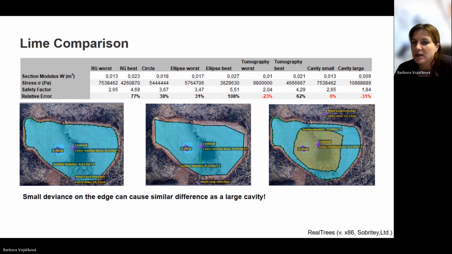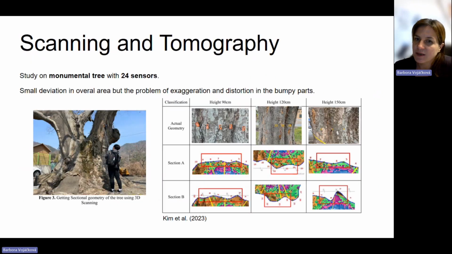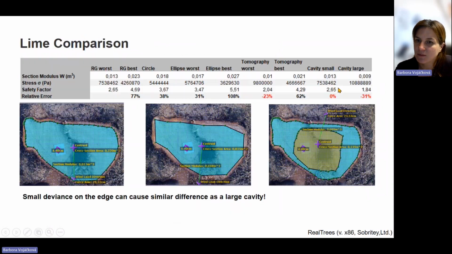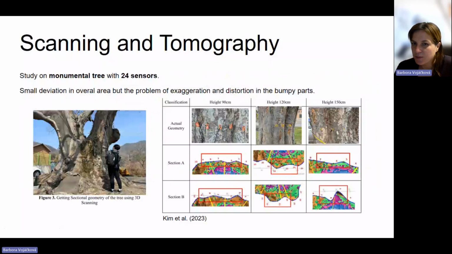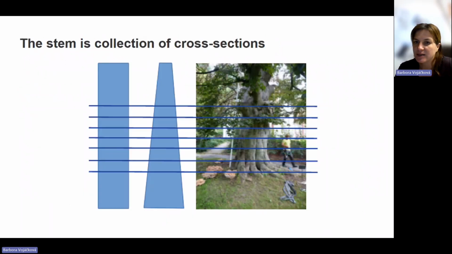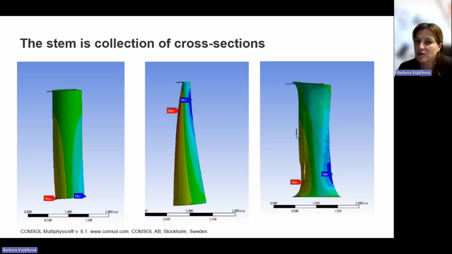So it's good to know that a precise description of the outer cross section is important. Of course, it depends on how properly we are doing the analysis. We can use more sensors and so on, as for example in this study. It's also good to know that we were now talking about only one cross section, but of course the stem is a collection of cross sections. So this is an example of the whole stem.